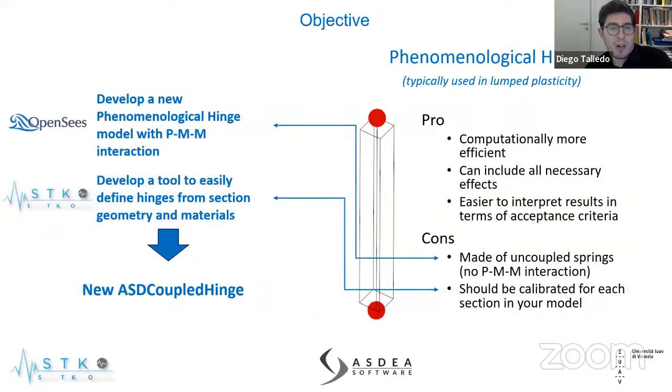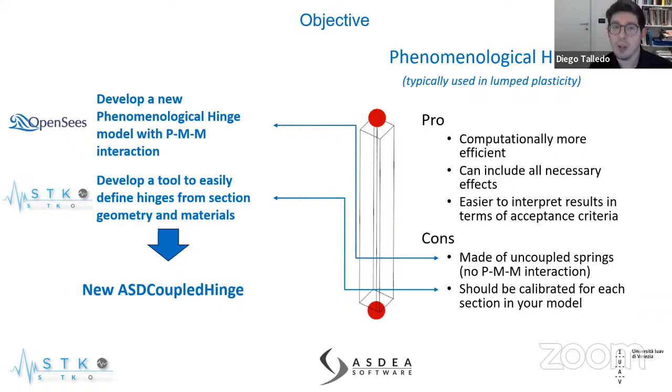So the objective of the model and the tool that we are presenting today is somehow to try and tackle these two aspects. So first of all, we developed a new phenomenological hinge model with the PMM interaction.